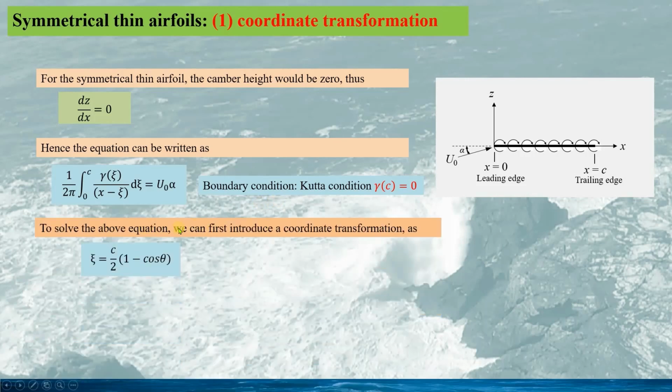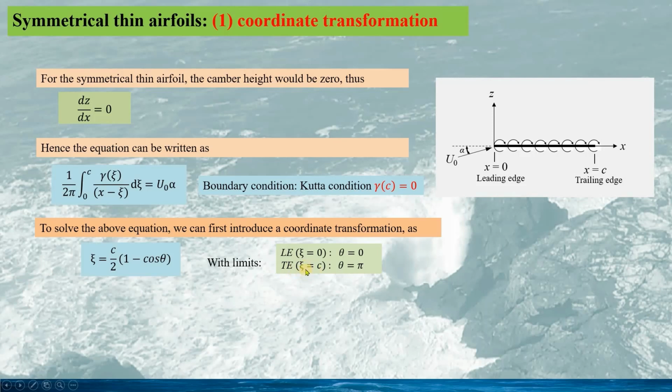Munk in 1922 found a way to solve the equation by introducing a coordinate transform given by this. This coordinate transform would lead the leading edge, where z equals 0, to theta equaling 0.